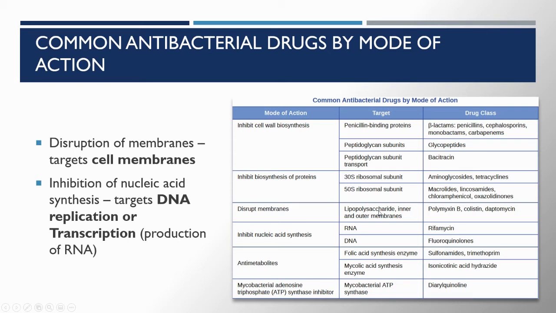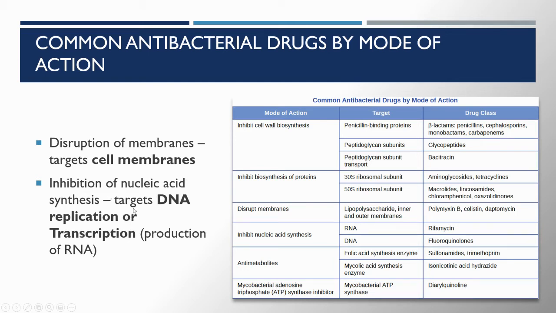It is a phospholipid layer, but it's structurally different with those polysaccharides embedded. And we can look for specific targets, those different membrane components, the proteins on the membrane that make our bacterial membranes different from our own.